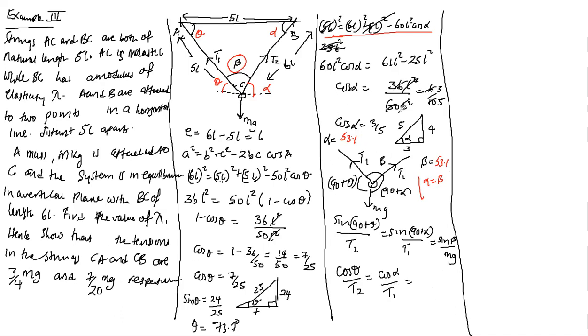Sine alpha I've already attained, I can get it from this triangle. Since I'm looking for lambda, lambda is in T2. So I'll have cos theta over T2 is equal to sine alpha over mg. So we can get cos theta is 7 over 25 over T.